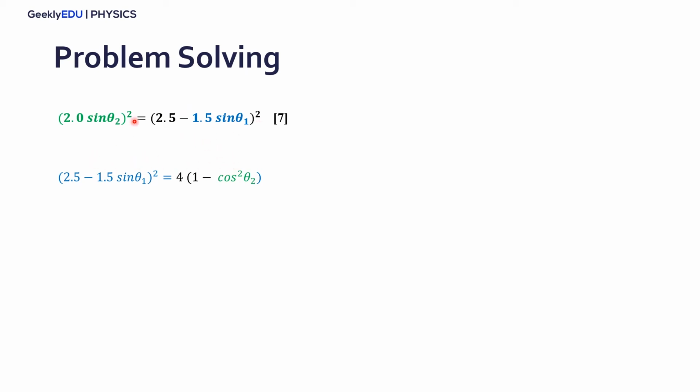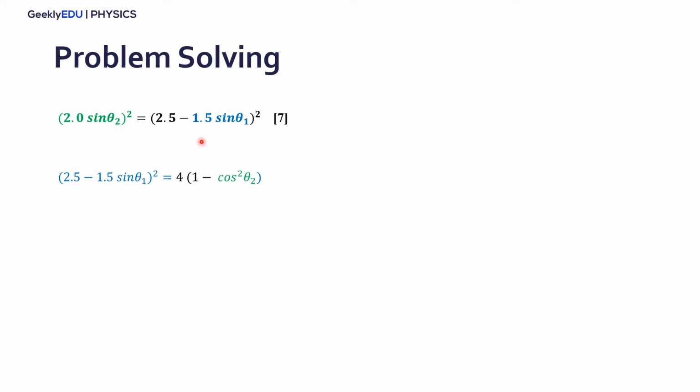Left hand side is the same. Here we know from the trigonometric property that this sine squared is the same as 1 minus the cosine of this angle squared. And I'm leaving this 2 squared on the outside.